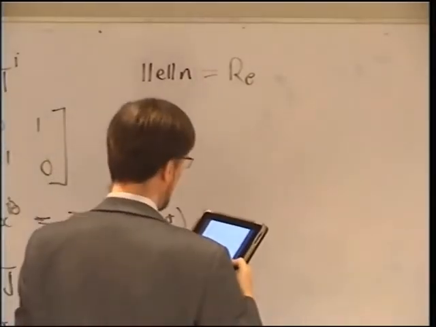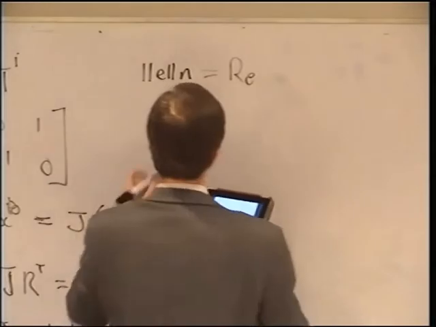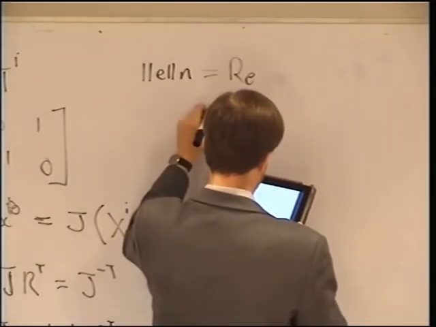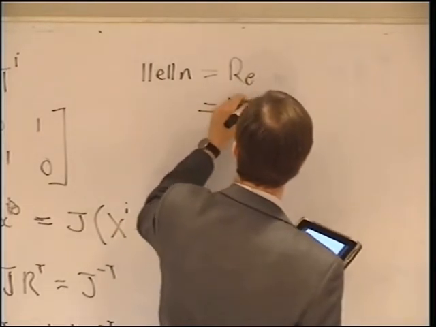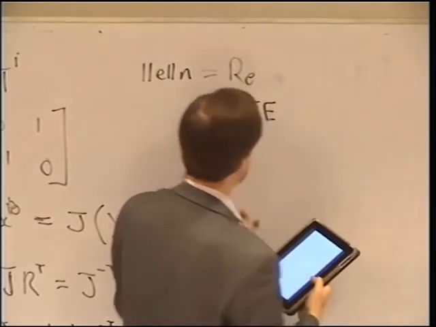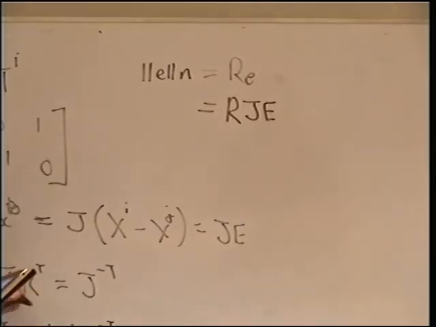That's equal to the rotation of the Jacobian applied to the reference edge. That's just what we wrote down. And if that's true, then we can use the identity we just wrote down.